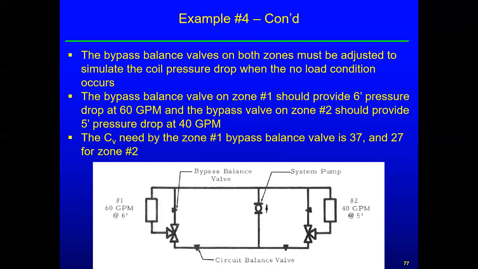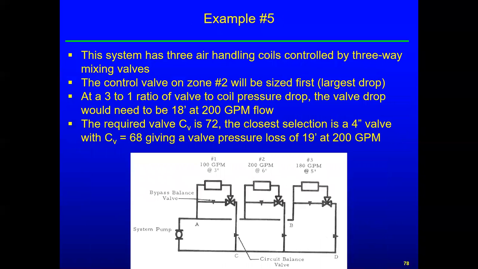So the bypass balance valve on zone number 1 should provide 6 foot of pressure drop because that's what the coil does, and number 2 should provide 5 foot. So the CV needed by zone 1 bypass valve is 37, and it's 27 for zone 2. You should verify those numbers, but it's just using that valve equation again. Okay, and so that's the end of number 4.